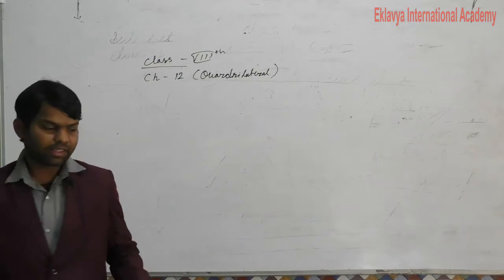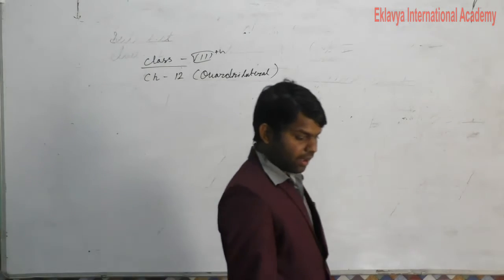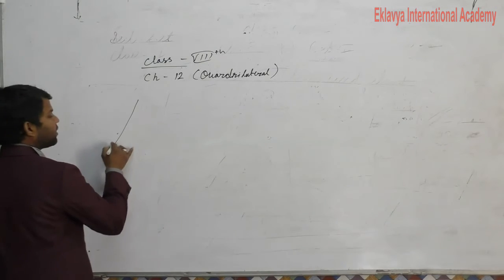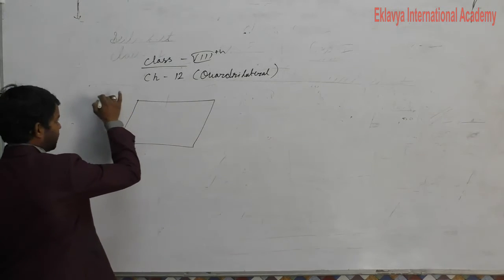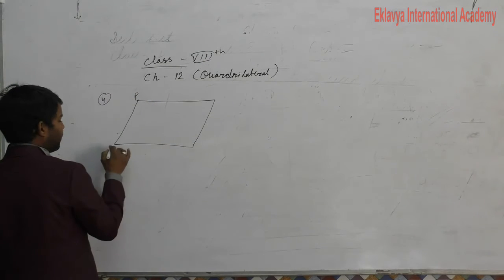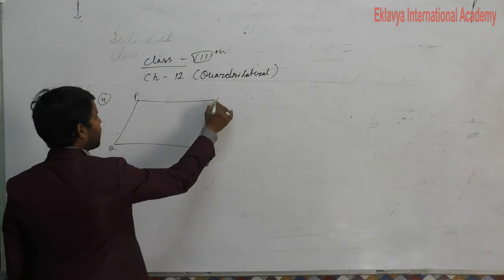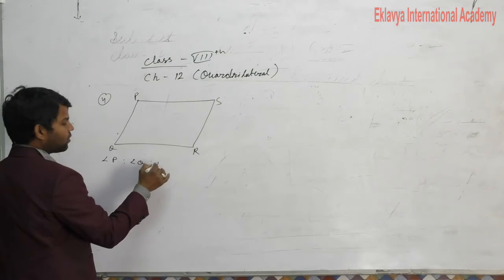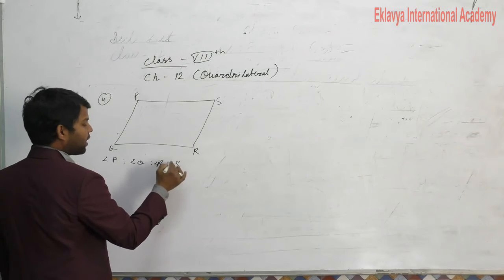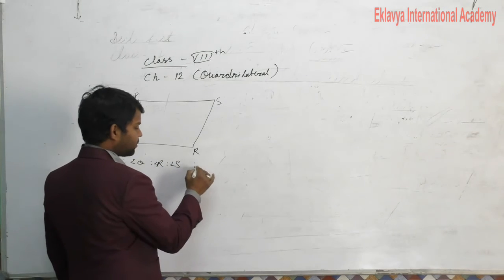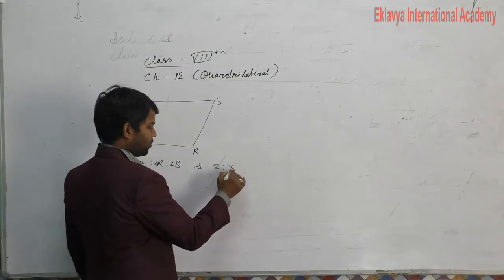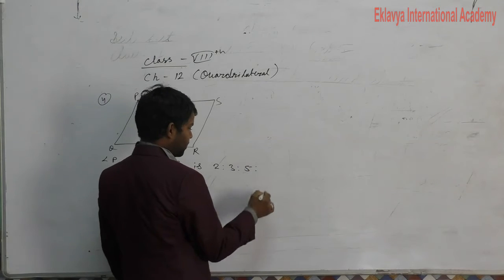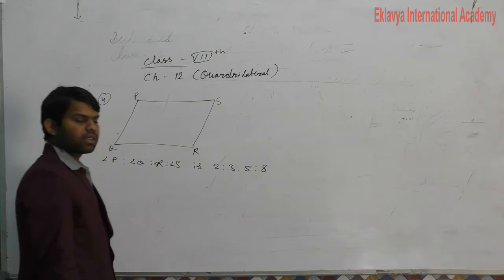If the angles are given in ratios, like we assume here in a quadrilateral, fourth question, PQRS. The ratio of angles P, Q, R, S is 2, 3, 5, 8.